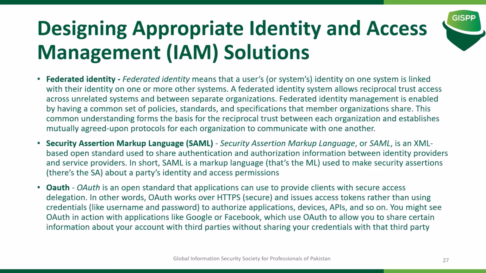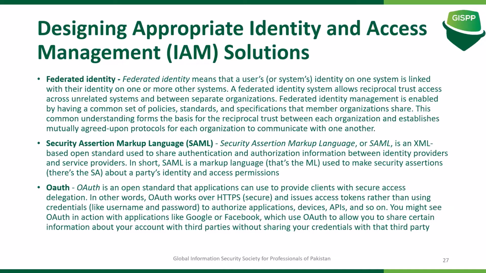They trust each other's access management systems, and users of one organization can access resources of another organization without being part of the other organization. That's what we call federated identity. A user's or system's identity on one system is linked with their identity on one or more other systems.